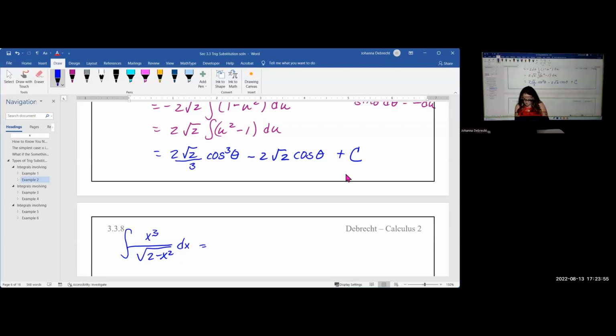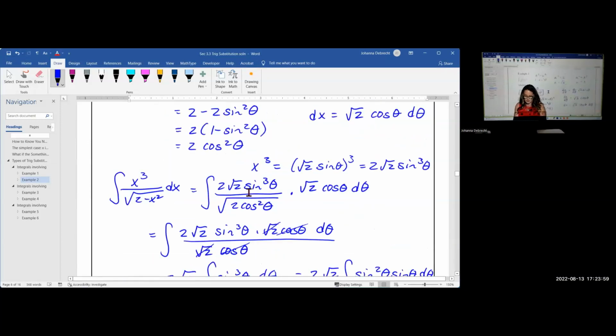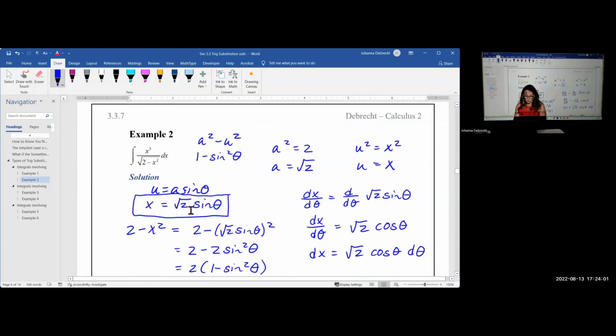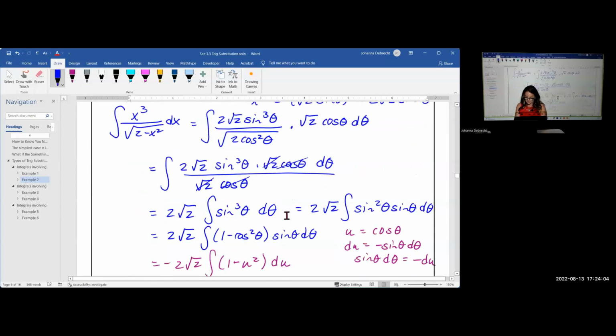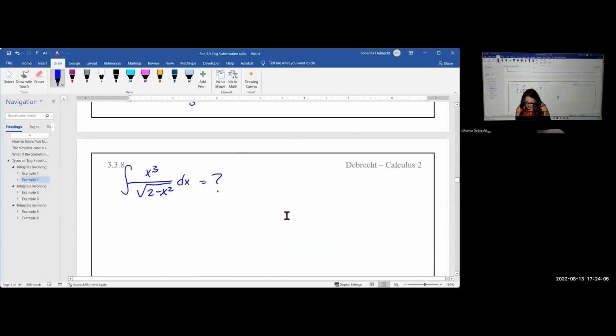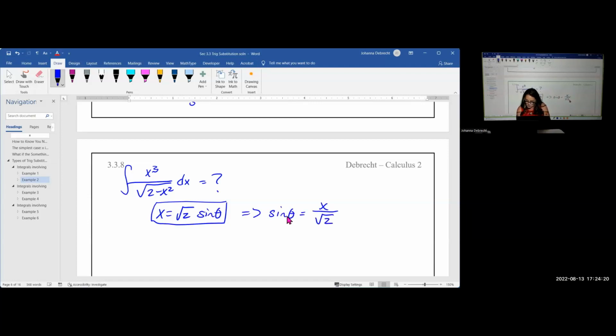So let's go back up to our original substitution equation, which is way up here boxed up. x is root 2 sine of theta. So now we have x equals square root of 2 sine of theta. That's our substitution. This implies that the sine of theta then has to be x divided by the square root of 2.